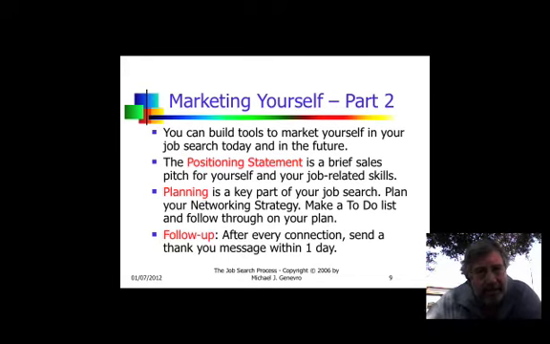And plan your networking strategy very consistently so that you're always reaching out to people. So planning as it relates to networking and marketing are important.